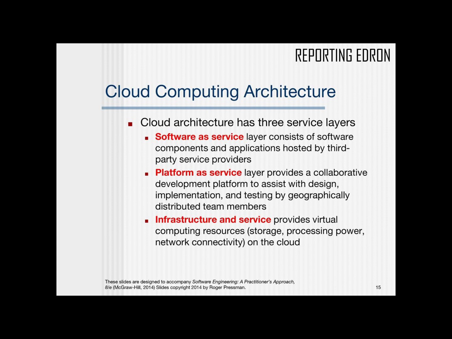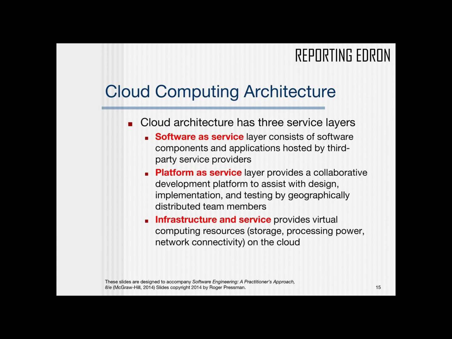Instead of installing and maintaining software on individual computers or servers, users can access the software and its features through a web browser. The software application is hosted and managed by a third-party provider, and users can typically access it anytime, anywhere with an internet connection.